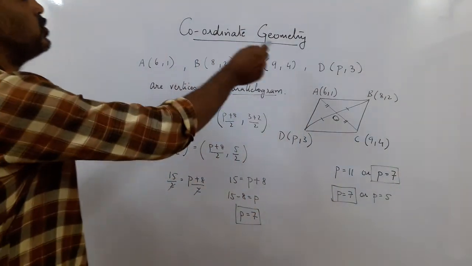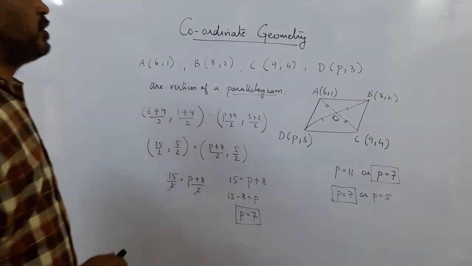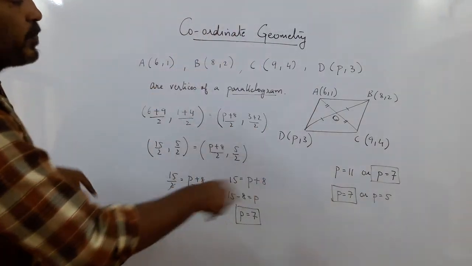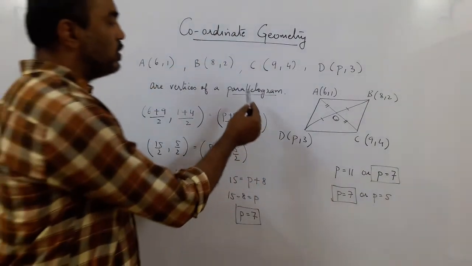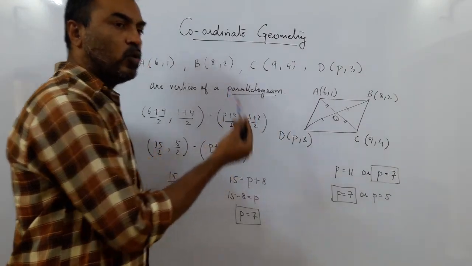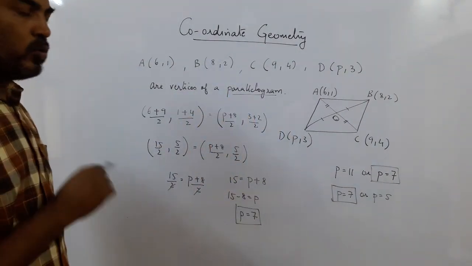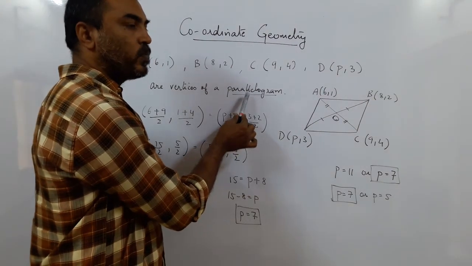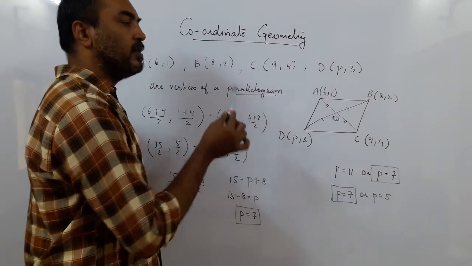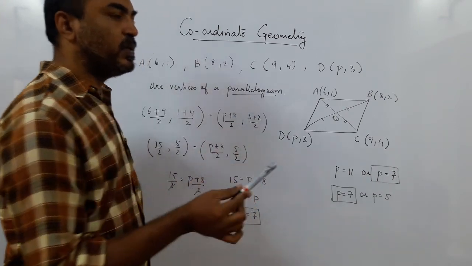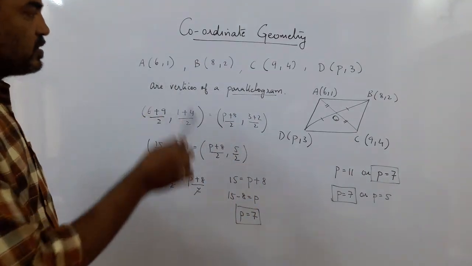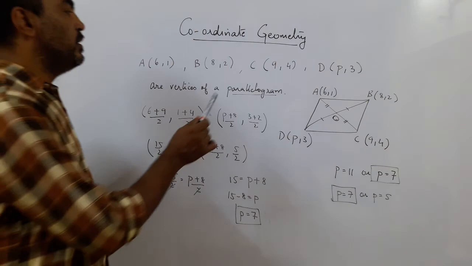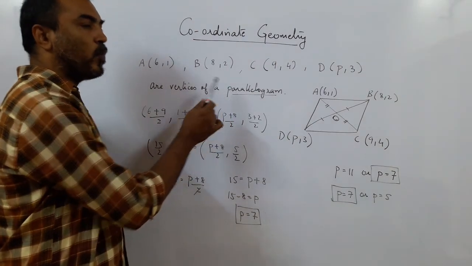So we are doing coordinate geometry, but it involves our geometry also because we are doing shapes on a plane. So if you know the properties of the parallelogram, it's very good. If you do not know, no issues, revise it once. Revise the properties of the parallelogram, the rhombus, the square, the rectangle, the quadrilateral, the trapezium, the kite. Because in these sums you will have to know exactly what a parallelogram is and its properties.